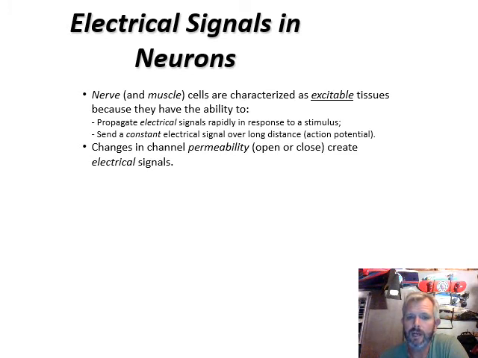Okay, so how are we going to send our electrical signal? We're going to change the permeability of the ion. If we change permeability, allowing ions to move in and flow, we're moving charge. If we move charge, that is an electrical signal. We're not moving electrons in this case.